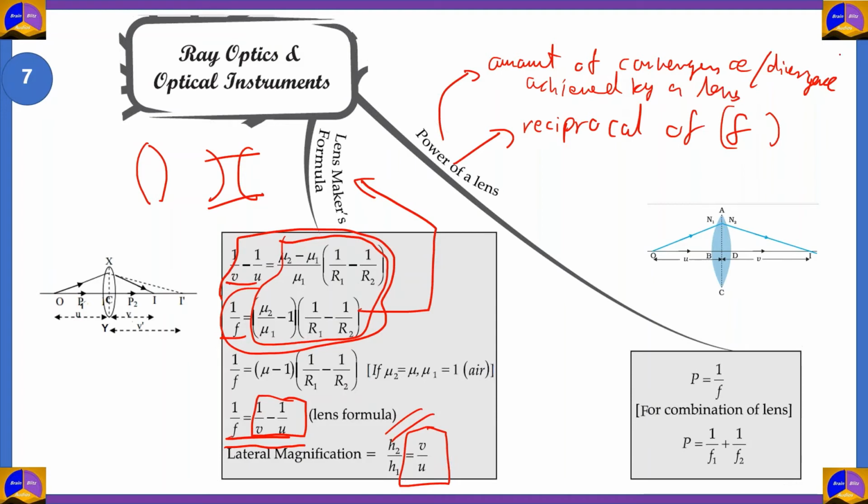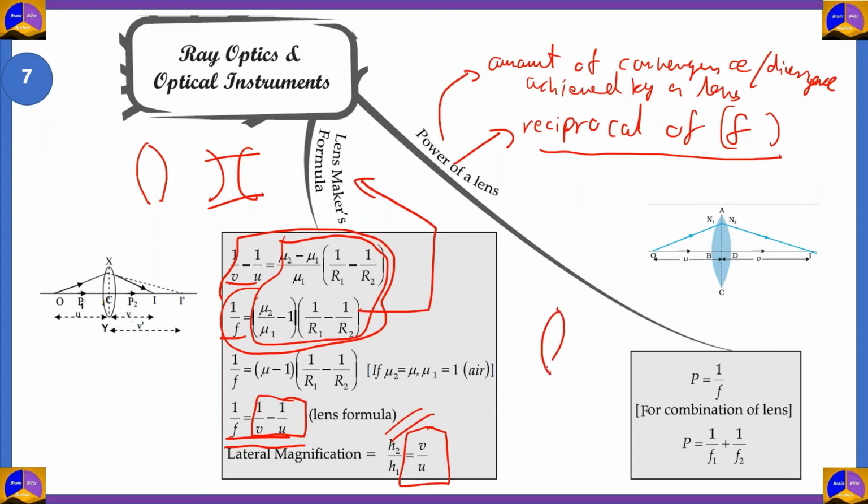So the amount of convergence or divergence achieved by a lens is referred to as the power of that lens. Now, numerically, we represent it as the reciprocal of focal length. So P is equal to 1 by F. This is for a single lens.